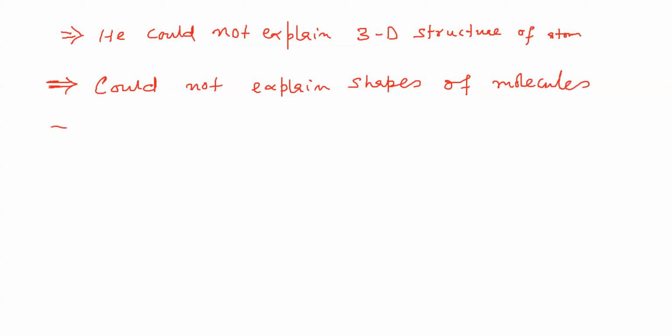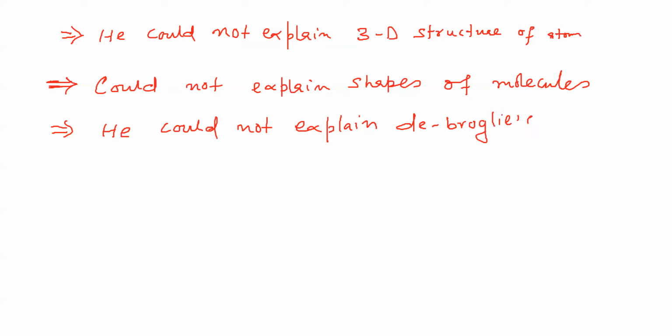The next very important limitation is that he could not explain two very important experimental observations. One is known as de Broglie's dual nature of matter. We will study this ahead. The next topic will be de Broglie's dual behavior.